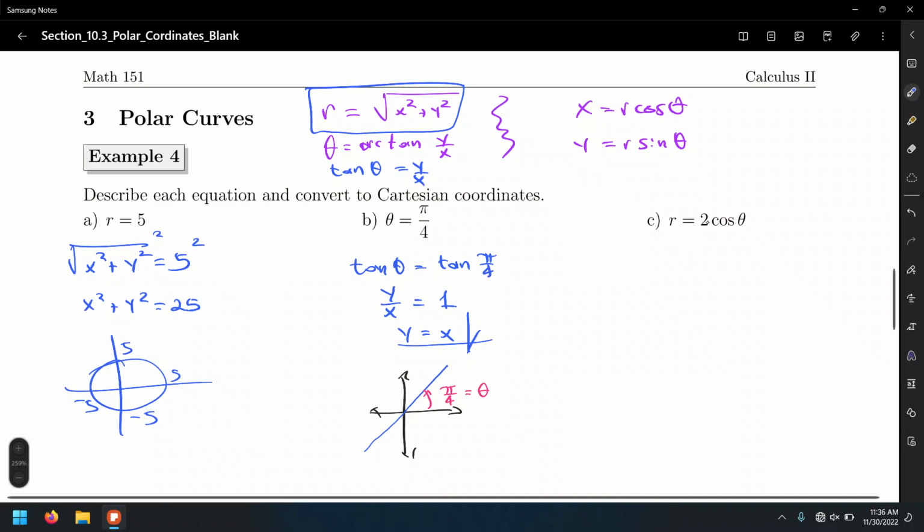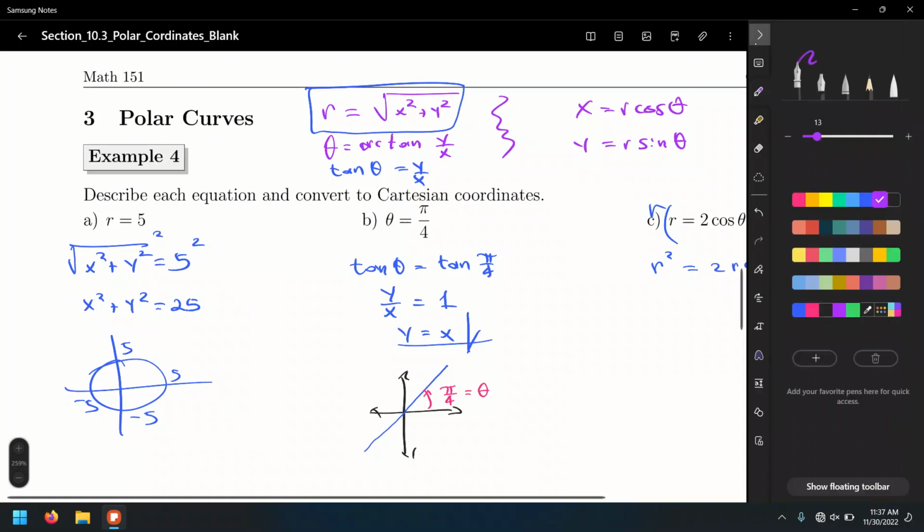We wish we had an r over here so we can actually turn this into an x. We can make our wish come true. Multiply both sides by r, turn this into an r squared, and this is 2r cosine theta.